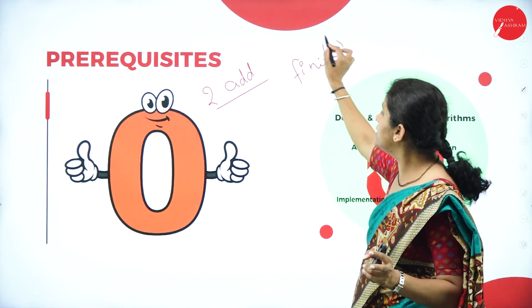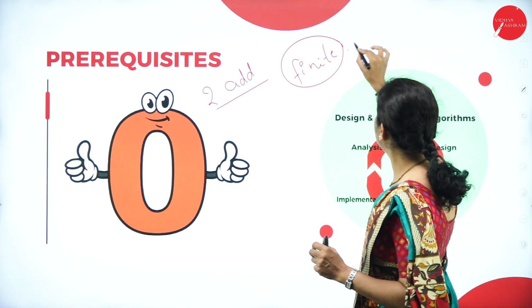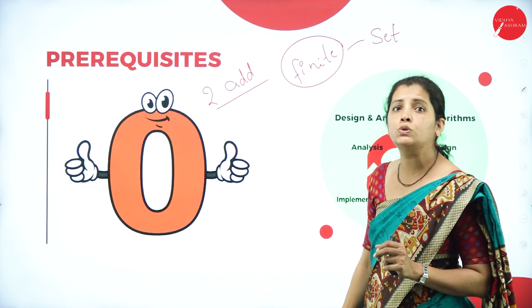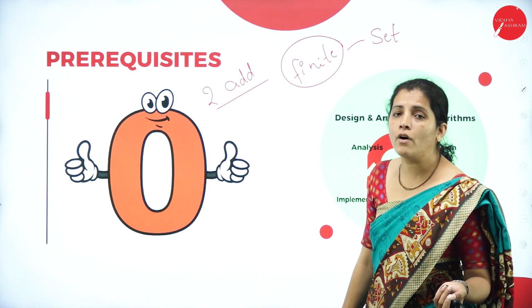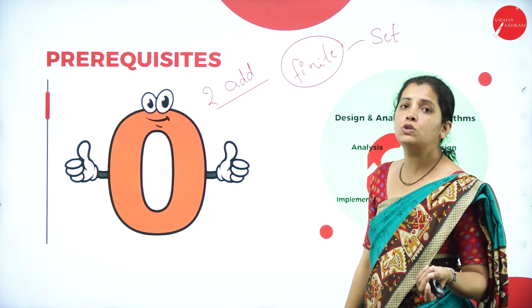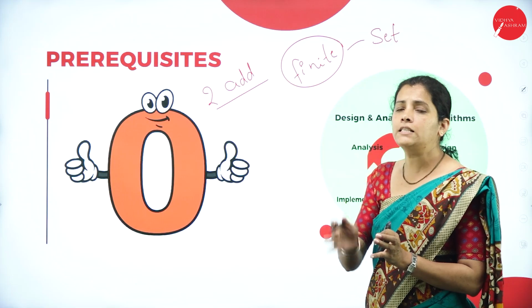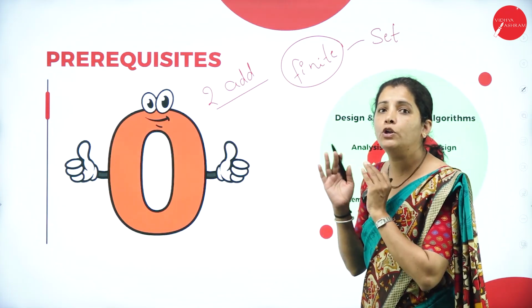An algorithm is nothing but a set of rules used to solve a particular problem, or a finite number of steps used to solve a particular problem. Finite means exactly where I am going to start and where I am going to stop.